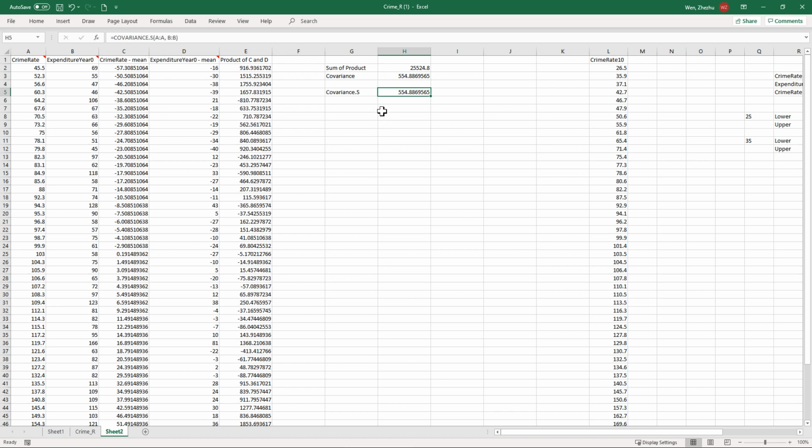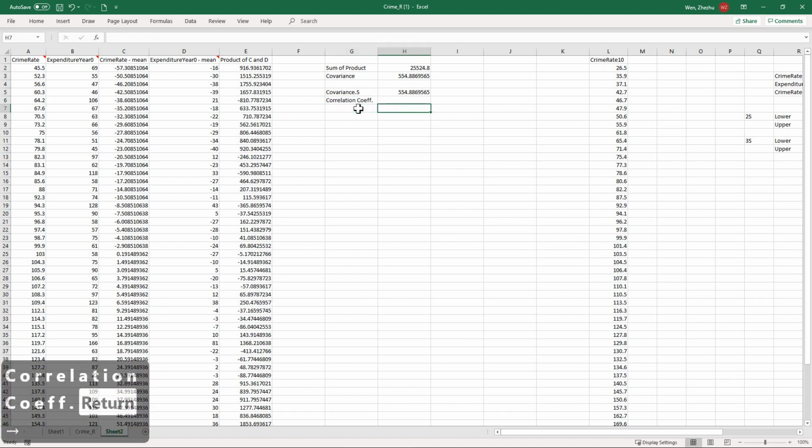Most likely in the future you will be calculating this using the Excel formula, not this inconvenient way of doing it without the formula, but this is good for educational purposes. And then can you calculate the correlation coefficient? Yes, of course you can.